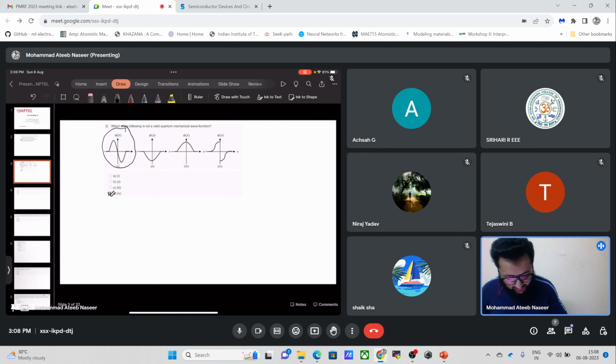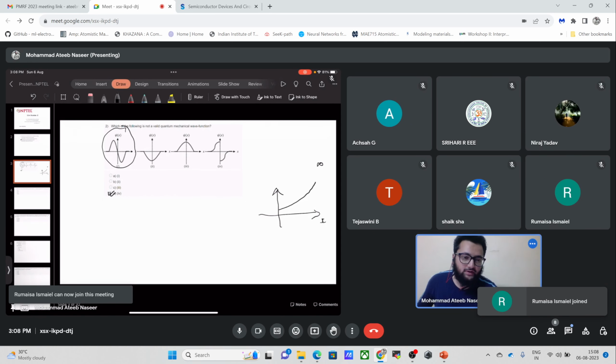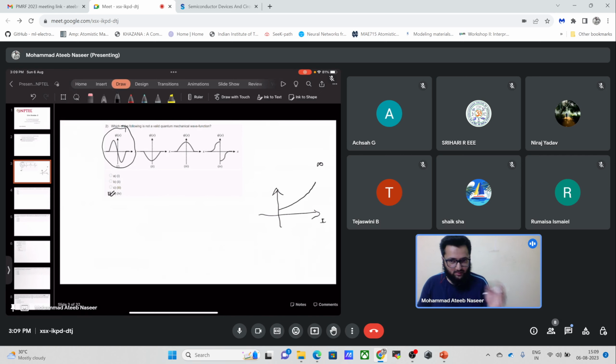By exploding, I mean if I have some wave function like an exponential function which goes on increasing continuously and explodes as x goes to infinity, and you are not able to hold it, then this wave function has exploded, and as a result its presence cannot be confined to the range minus infinity to infinity.